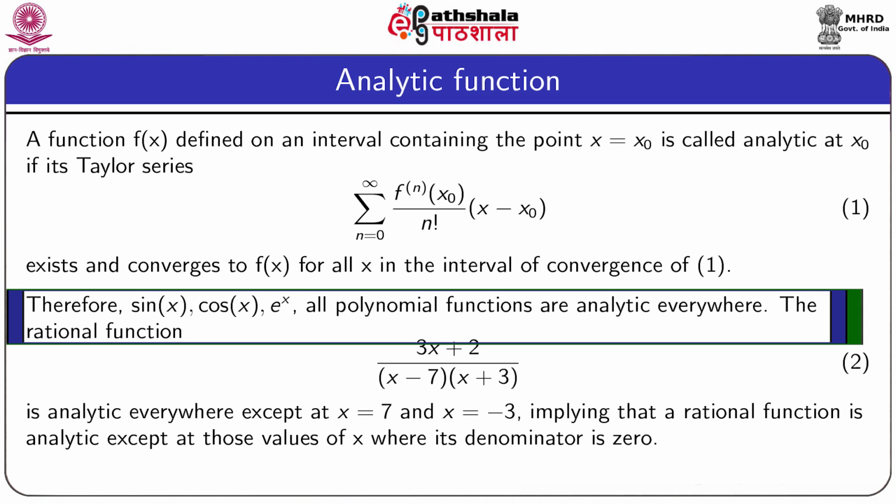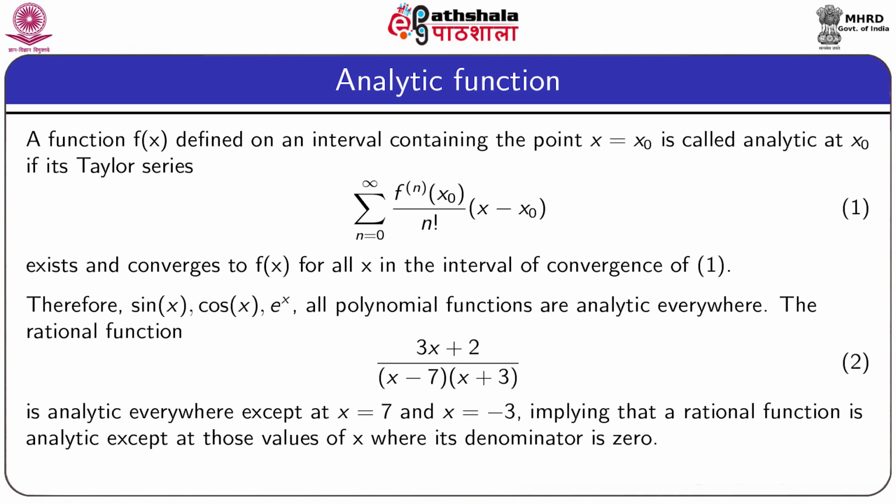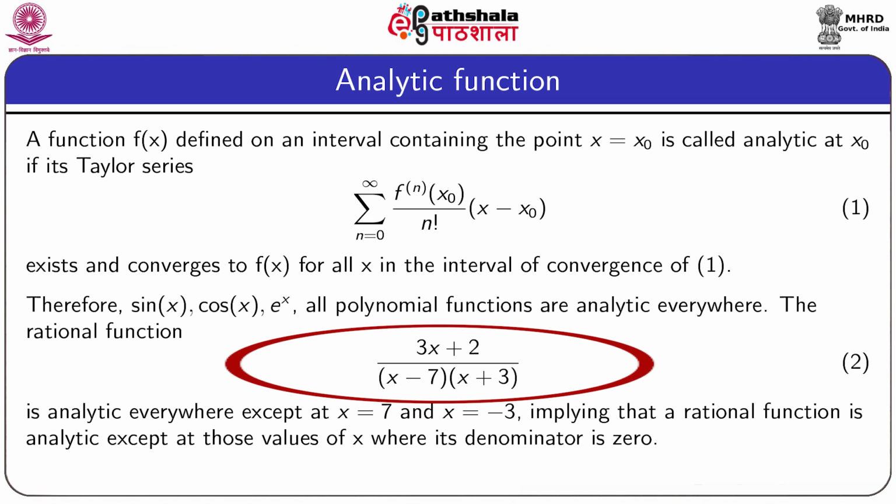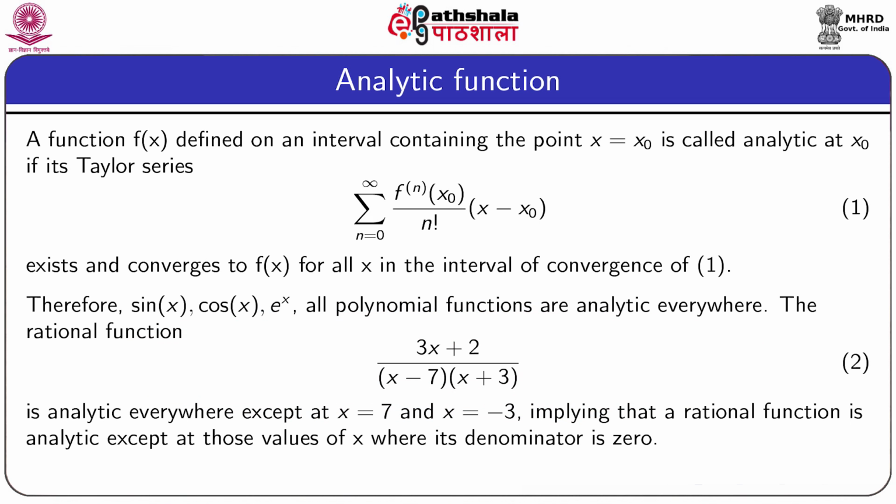Therefore, sin x, cos x, e to the power x, and all polynomial functions are analytic everywhere. However, the rational function given by (3x plus 2) divided by (x minus 7) into (x plus 3) is analytic everywhere except at the points x equal to 7 and x equal to minus 3.